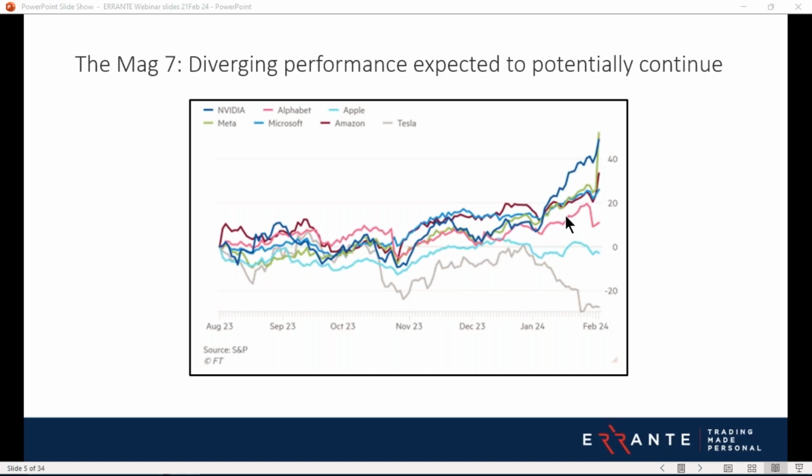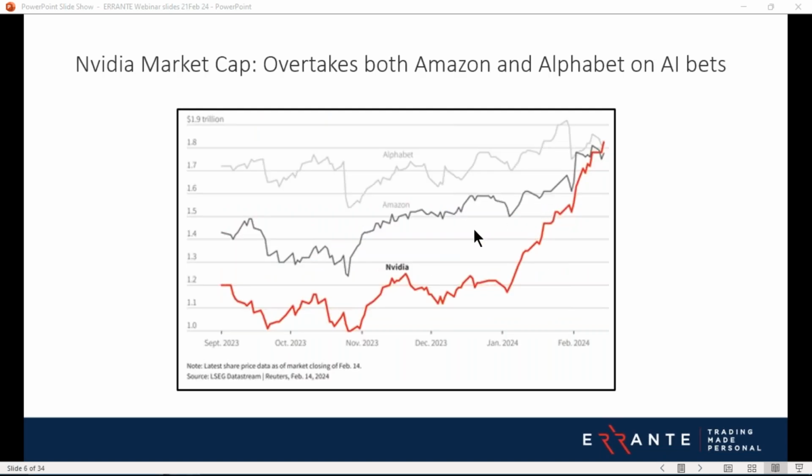we've seen driving indices. Nvidia, again, just pulling up this chart, has now surpassed Amazon and Alphabet in market value. It's now the third biggest US company, or third biggest company in the world by market cap as of February 14.